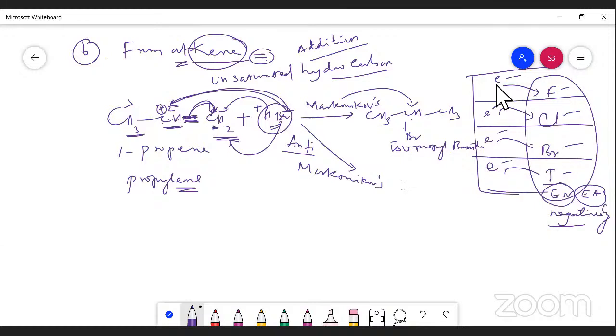That is a new product: CH3CH2CH2Br. This is n-propyl bromide. Now the product is n-propyl bromide. That's all. So this is against Markovnikov, so it is called anti-Markovnikov.